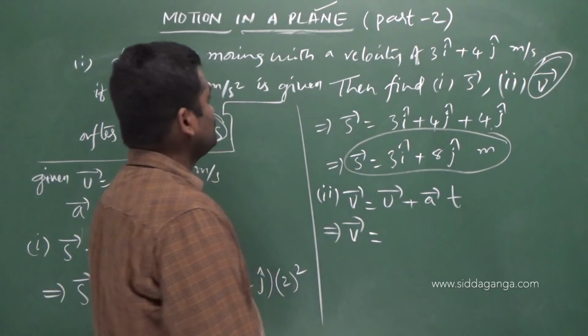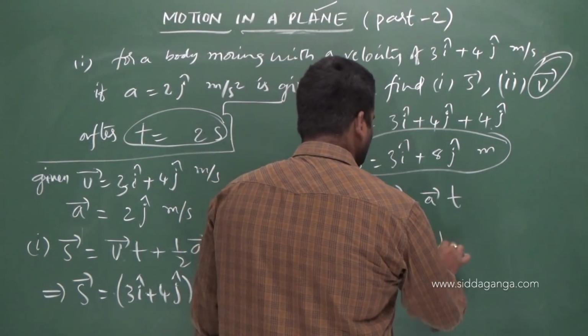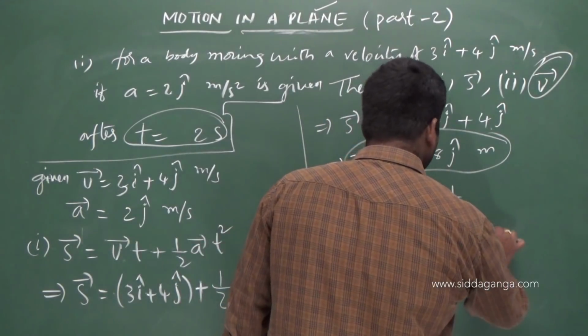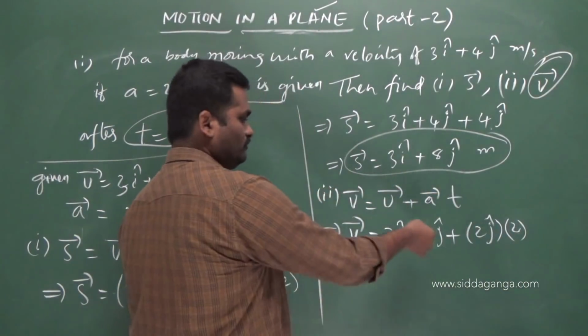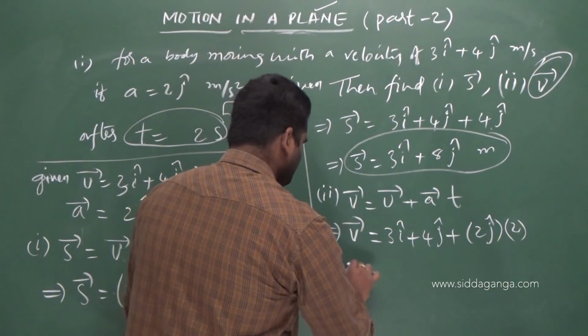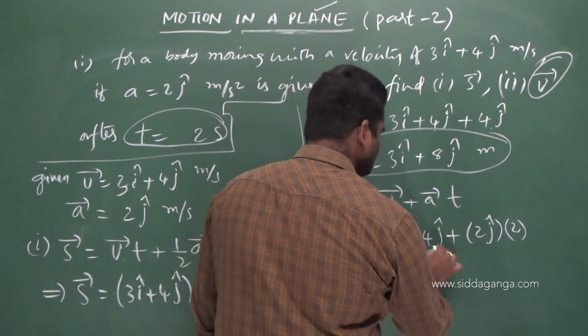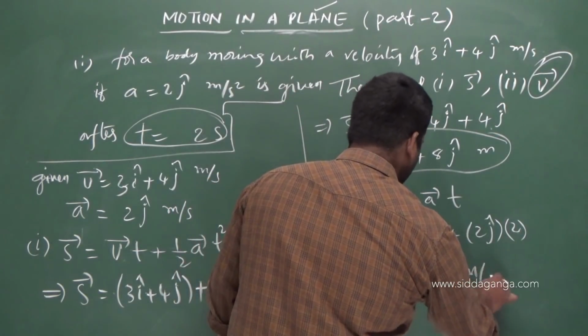V bar equals, u bar is how much? 3i plus 4j, plus a bar is how much? 2j cap, into time taken, 2 seconds. 2 plus 2 is 4, 4 plus 4 is 8. So velocity will be equal to 3i plus 4j plus 4j, how much? 8j cap meter per second.